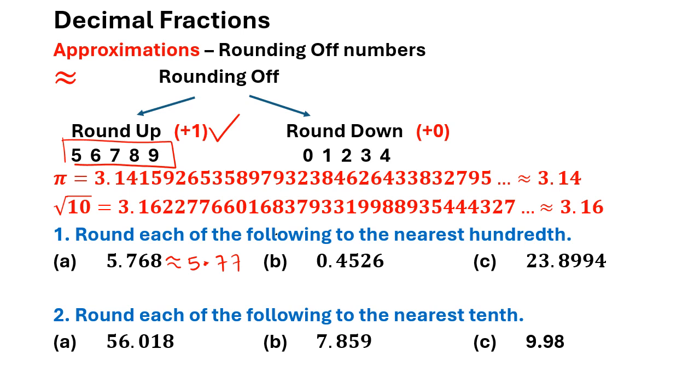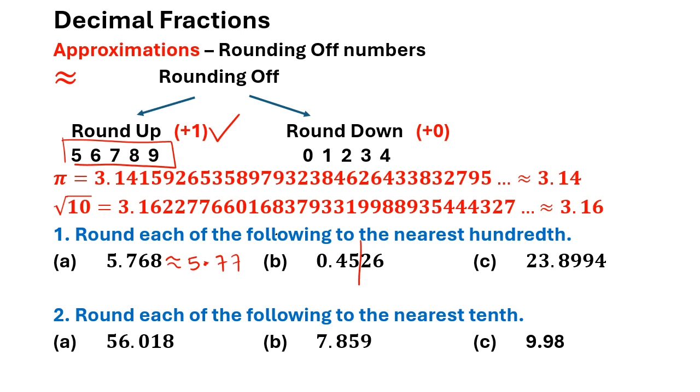Okay, for this problem, we are going to cut this number like this so that we can look at the thousandth place. If the thousandth place falls between 0 and 4, that will be 0, and we'll just cut that out.